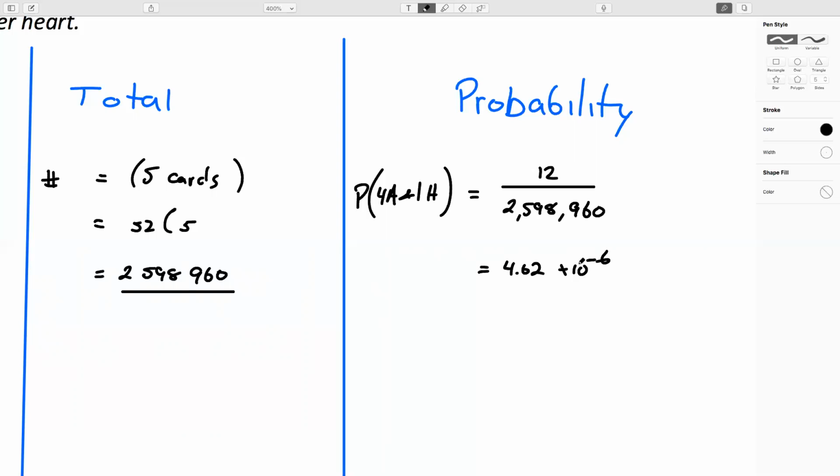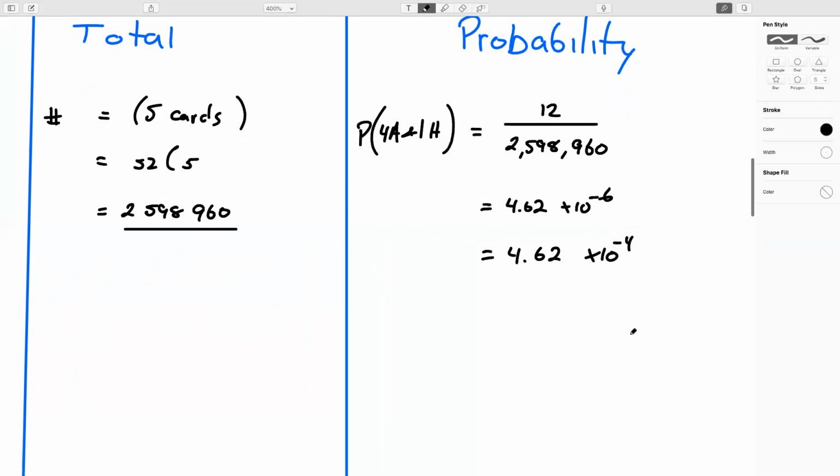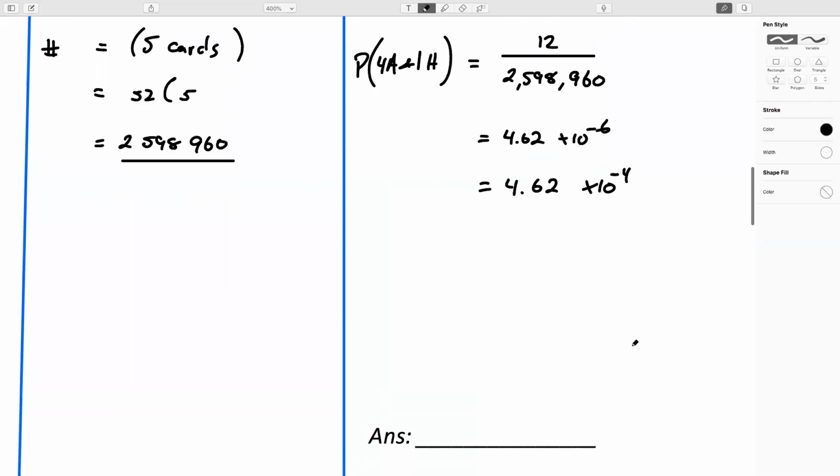If we multiply by 100 to turn it into a percent, it's still an incredibly unlikely event, which is 4.617 times 10 to the minus 4. So we could call it 4.62. We already rounded. If you want to turn this into an actual bunch of decimals, we just move this over 4 spaces.